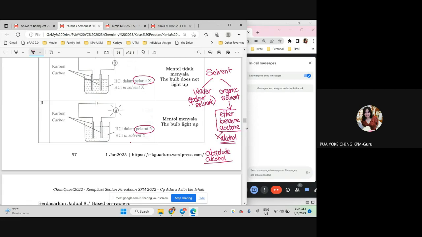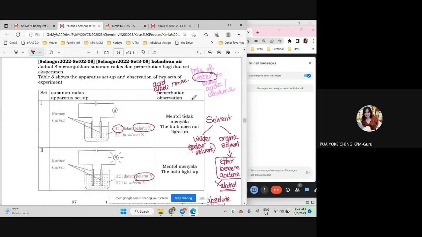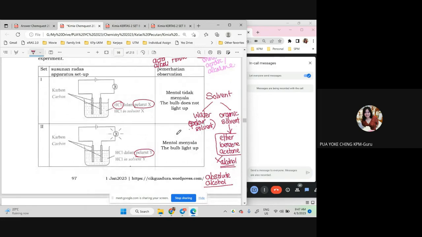So this is HCl. Okay, mentol tidak menyala, mentol menyala. And then, kena ingat observation is mentol menyala, mentol tidak menyala. Okay, when you explain, you need to explain on their electrical conductivity.